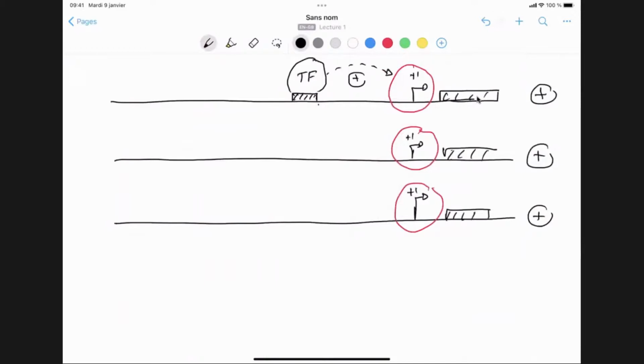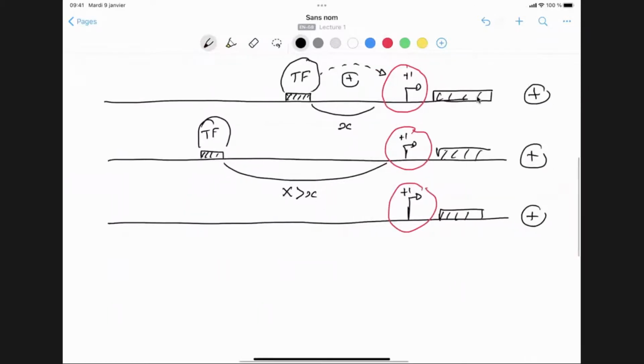Say the distance between peak and TF is X. You can create an artificial promoter where you put more space between peak and the transcription factor, so we have a distance bigger than X. In that case, the gene can also be active because DNA can bend, and so there will still be activation.